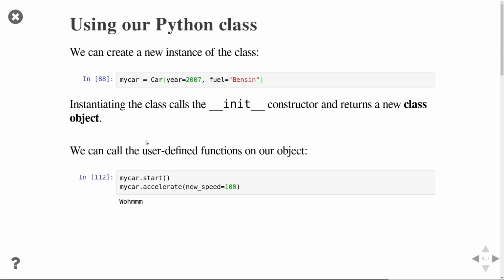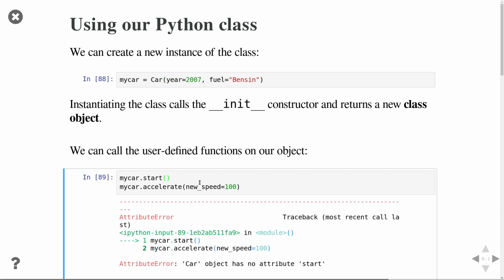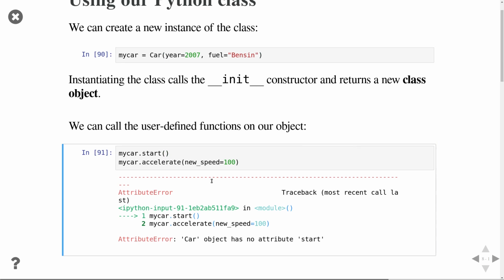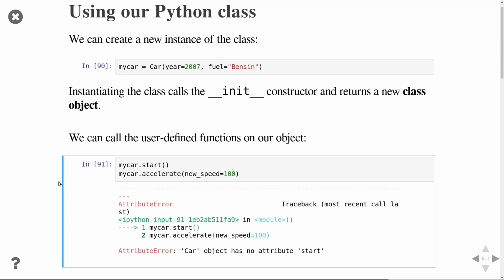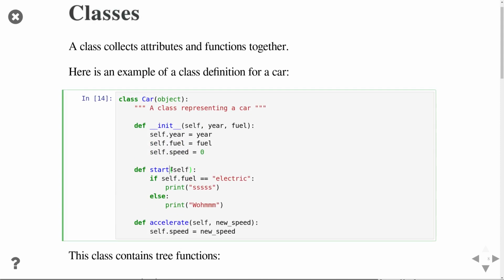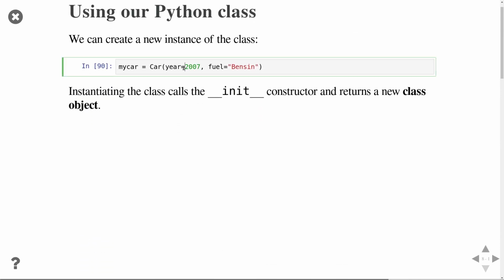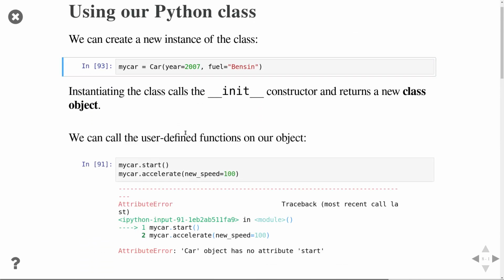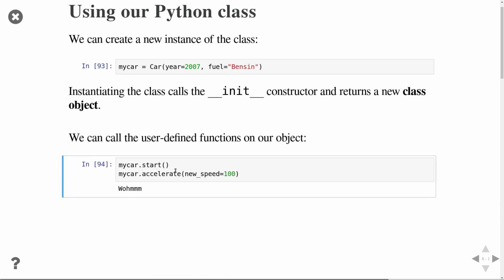And so now we've got our car, so now we can do stuff with it. We can start it. Oops, I didn't have my car. Okay, sorry, let's try it again. I start my car, and now I can call the functions of my car.